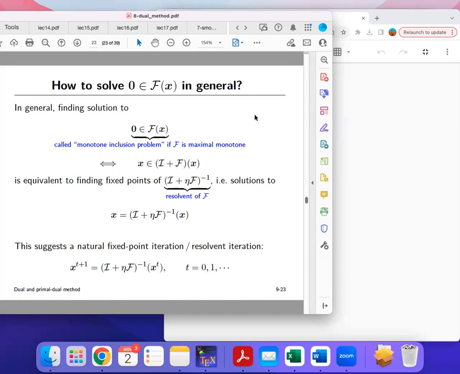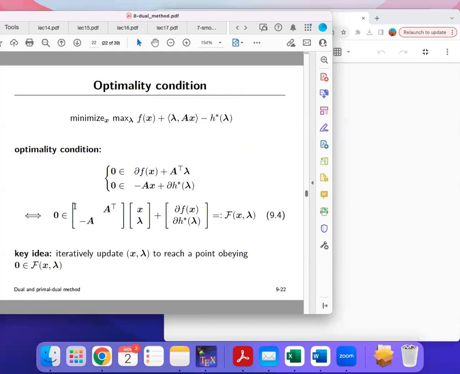But this method only works when f is simple, simple in the sense that this inverse can be easily computed. This is the case for many simple functions, where the proximal operator can be easily computed. However, last time we saw that for the saddle point problem that we have formulated, the corresponding f operator is very complicated.